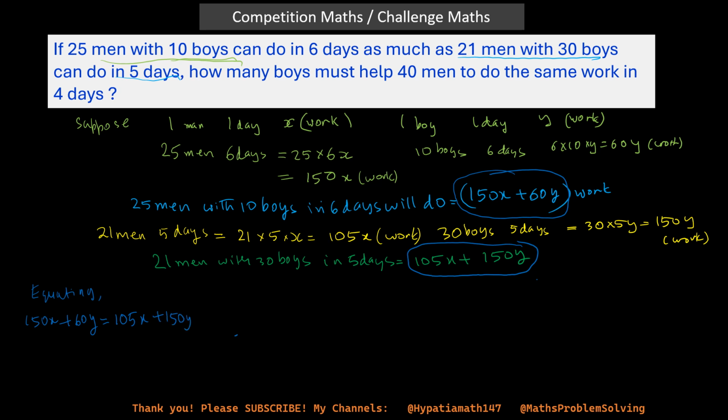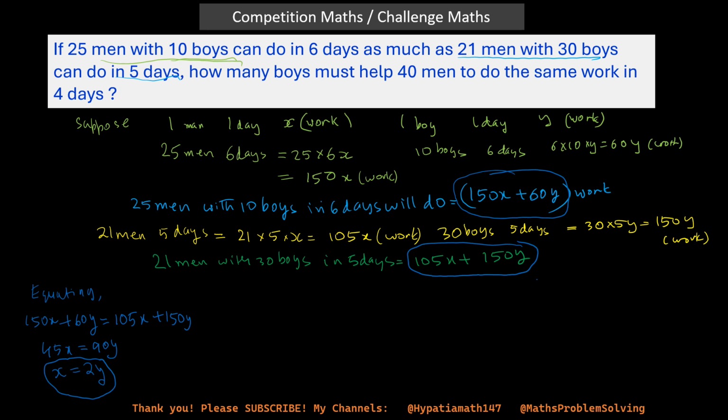Collecting the x and y terms to one side, 150 minus 105 gives me 45x equals 150 minus 60, that is 90y. So x is 2y. So the man would do twice as much work as the boy would do. So x is 2y, okay?